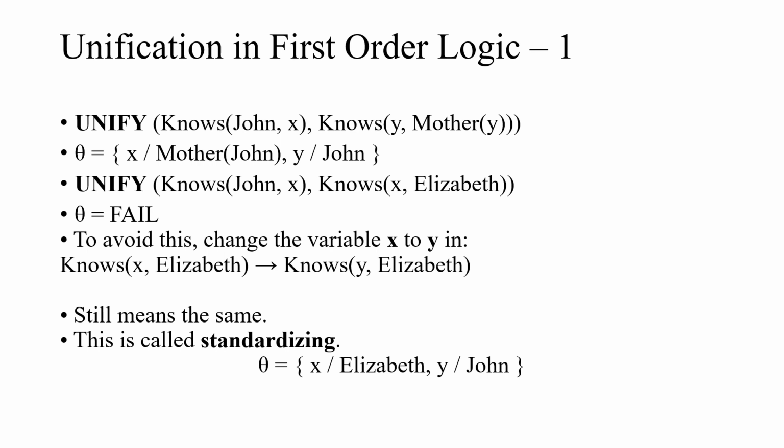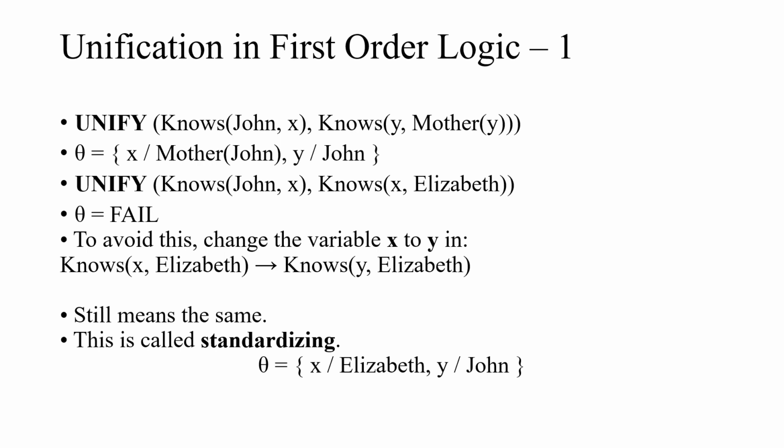The next example is unify Knows(John, x) and Knows(x, Elizabeth). This is one of the statements. Here John is there and then Elizabeth. So we have two different names, but only one variable, the same variable x.